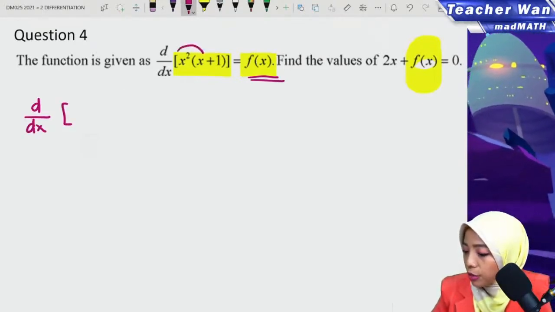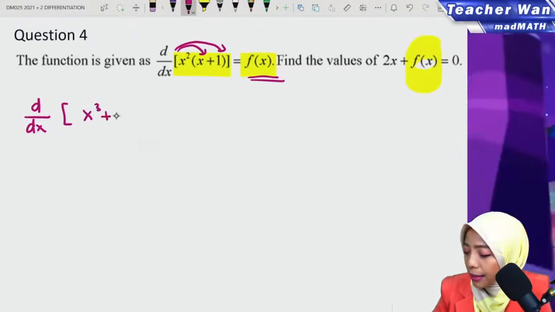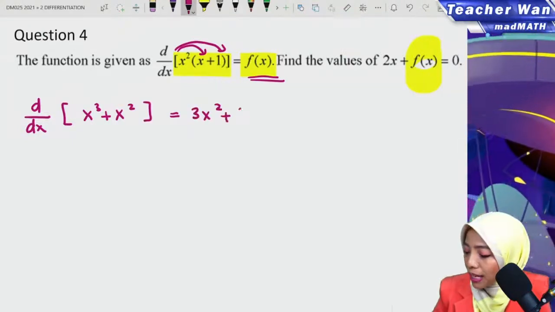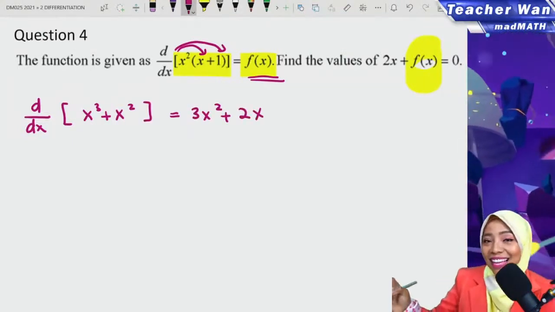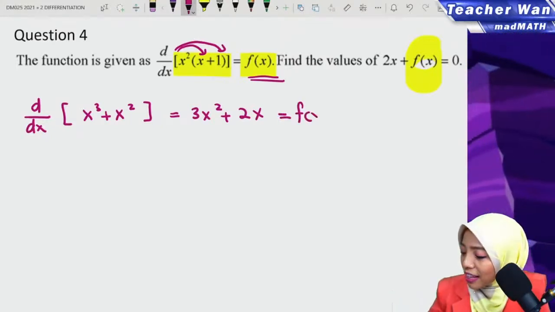Now we are going to expand. We get x cubed plus x squared. So this will give us 3x squared plus 2x. That is our f x.